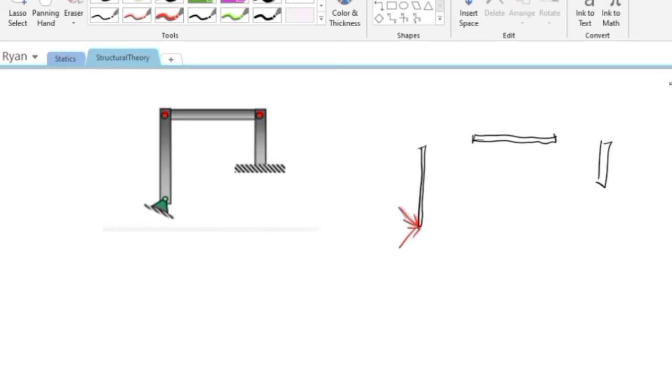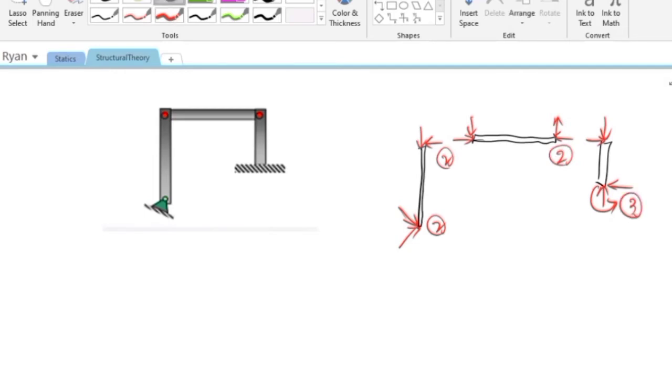And in here, we have 2 reactions sa internal hinge. Kukontrahin lang natin yung in-assume nating direction. And ito yon. So we have here this reaction. And in here, meron tayong tatlong reaction because this is fixed. So, dalawa dito, we have 2 here, and we have 3 here.